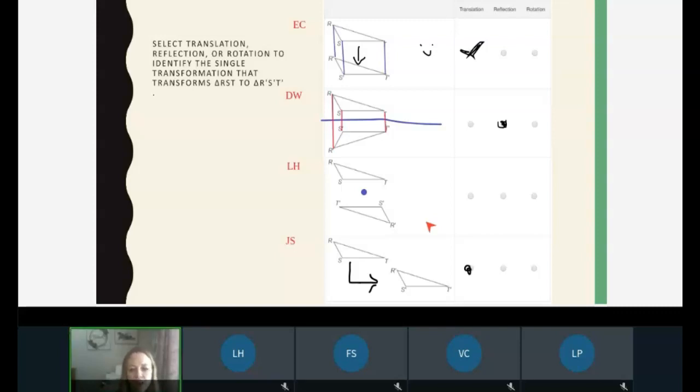Okay, so Luke, what did you say for yours? I see a dot right there. I'm not sure if that's in the right spot though. I think you had typed it in the chat. Rotation. Okay. Yep, that is correct. Let's move that. Oh, that was Preston's dot, but I'll move it over there. Yep, rotation. Okay, so if you kind of do that same technique, do you want to explain how you saw it, Luke?